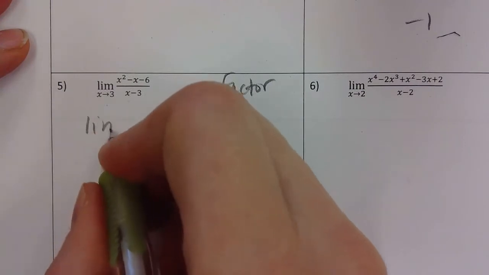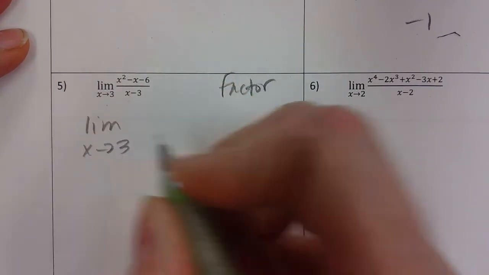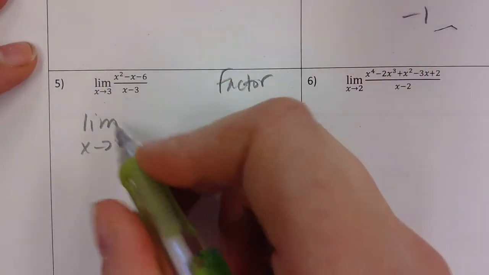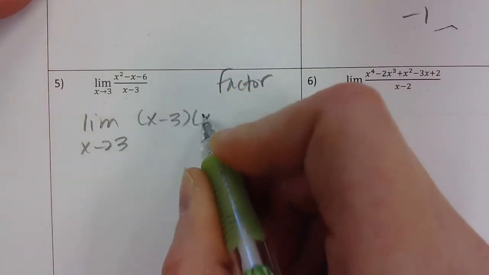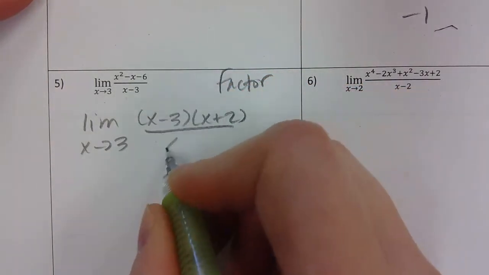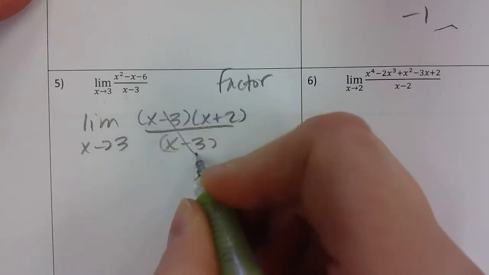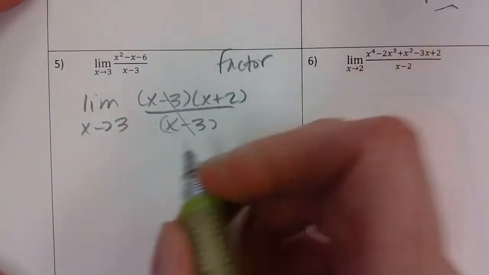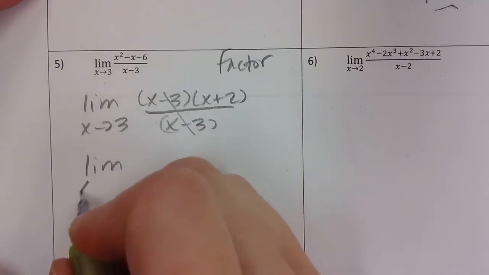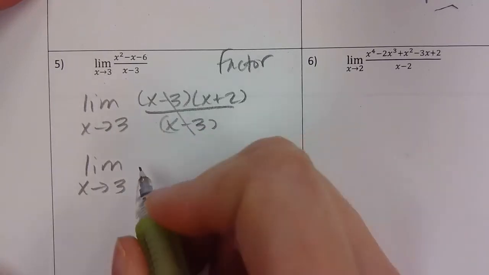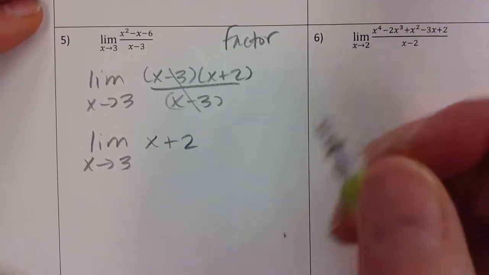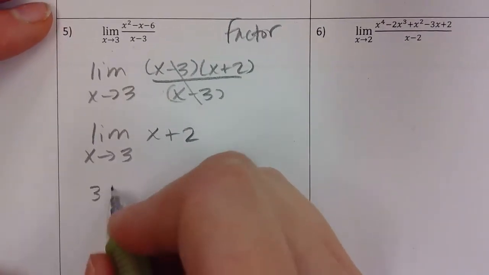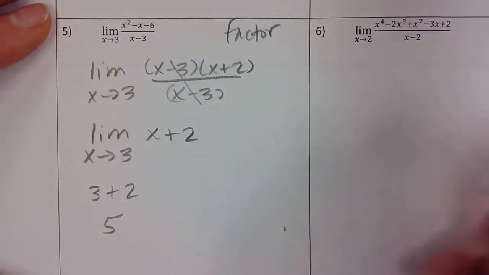When I factor my numerator, and because I'm not plugging a number in, I'm still rewriting all this limit notation, I have x minus 3 times x plus 2, and I also have a factor of x minus 3 in the denominator. And so I can simplify and say the limit as x approaches 3 of x plus 2. And now I have something that I can substitute into. So 3 plus 2 is going to give me 5.